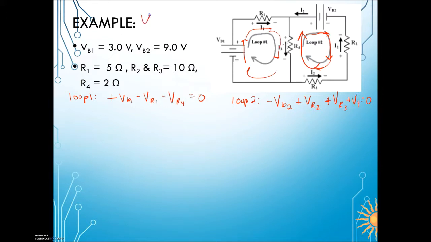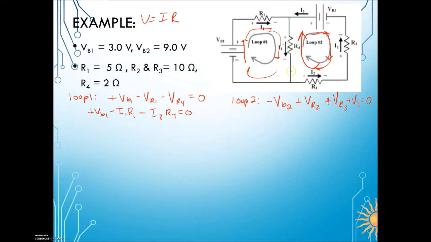Now, remember that Ohm's law is V equals IR, so I'm going to substitute that in where I have resistors. I have my positive voltage at B1 minus the current through R1, which I called I1, minus the current going through R4, which I called I3, equals 0.